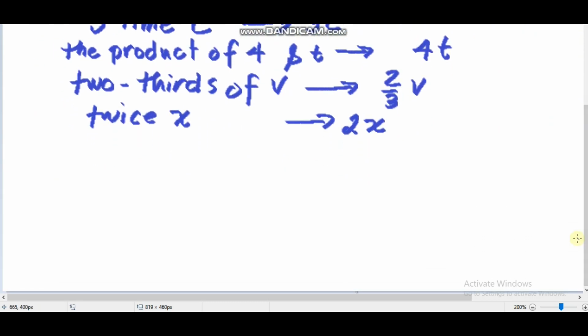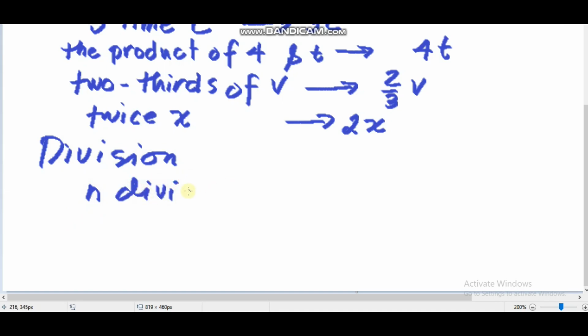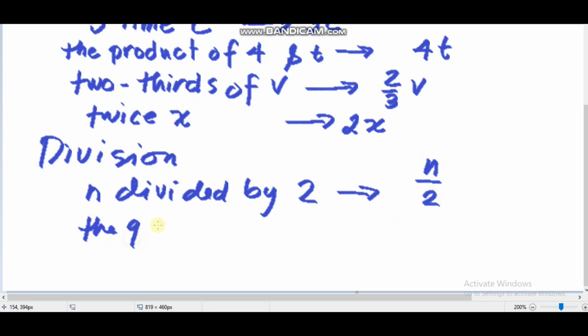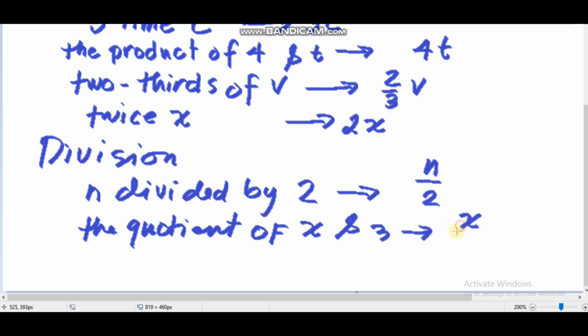Now let's have division. You have n divided by 2. How will you represent that? N over 2. If you have the quotient of x and 3, that is x over 3.